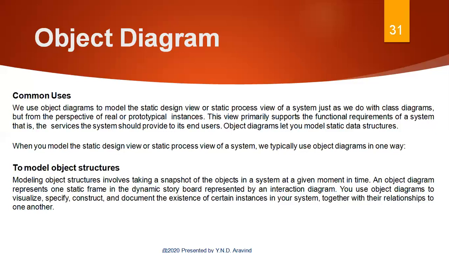So an object diagram represents one static frame in the dynamic storyboard represented by an interaction diagram. We use object diagrams to visualize, specify, construct, and document the existence of certain instances in our system together with their relationships to one another.